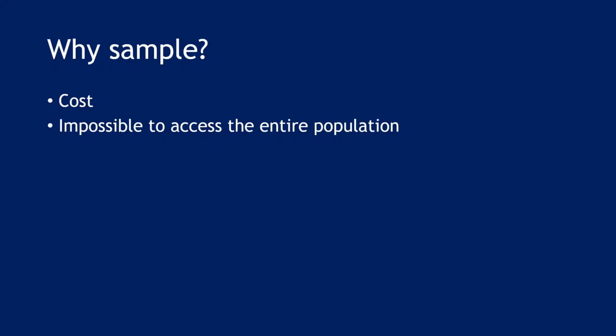So what we do, a more cost-effective way, is to just get a sample, study the sample and try to guess the population. And sometimes it's just impossible to access the entire population. It's not available to you. For example, if you're selling a new product and doing market research, it is impossible for you to access the entire population of your potential customers because you don't know who they are.